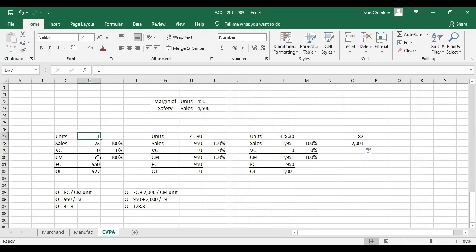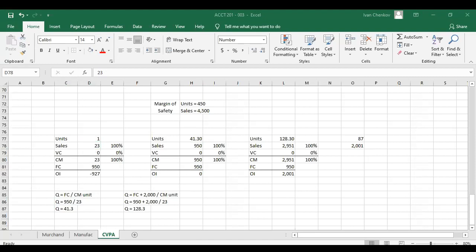Either you have to increase the hours that you're working, or you can increase the rate that you're getting, or you can reduce the fixed cost. That's another option. That's a real life hack.